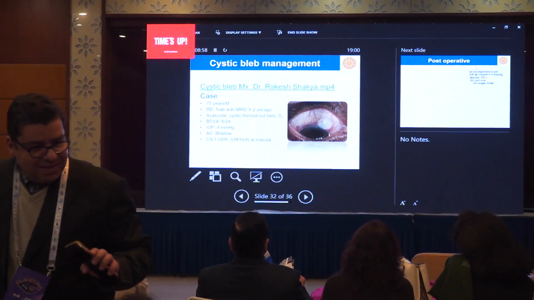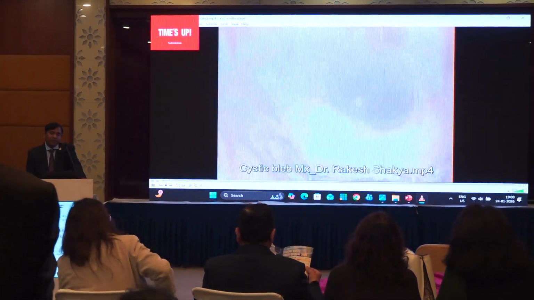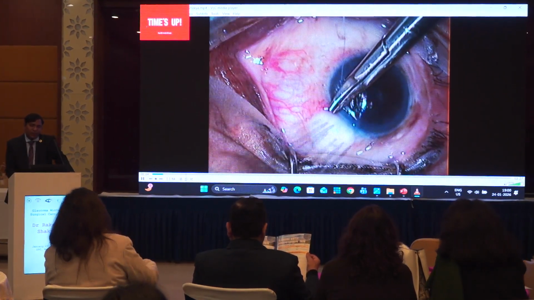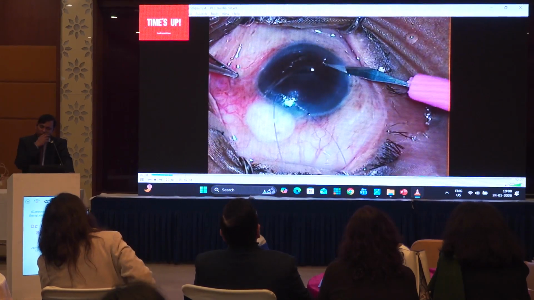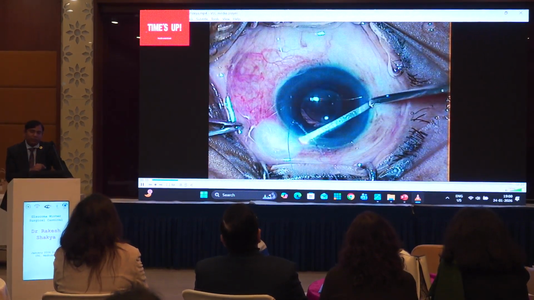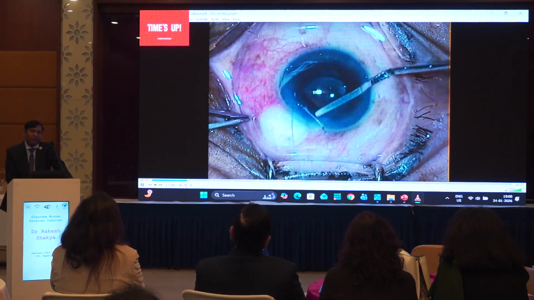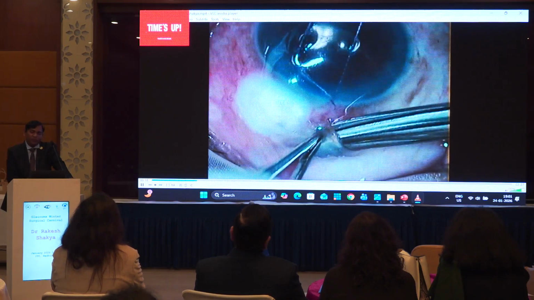Just a minute. This patient also had a very cystic bleb as a late complication. The chamber was not very shallow, but the iris was engaged into the ostium. So first we repositioned the iris toward the pupil with the help of the repositor, and the pupil became circular.